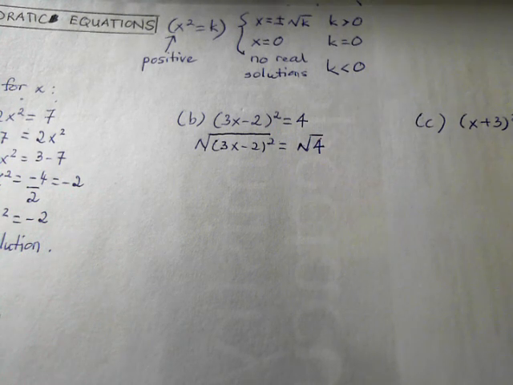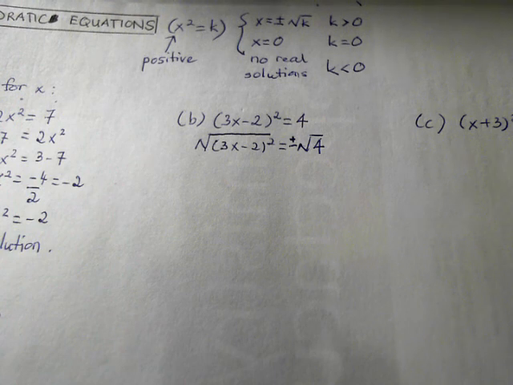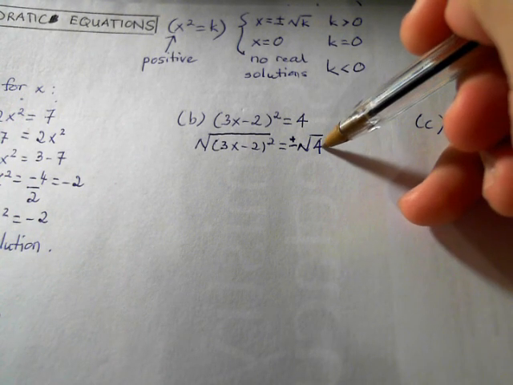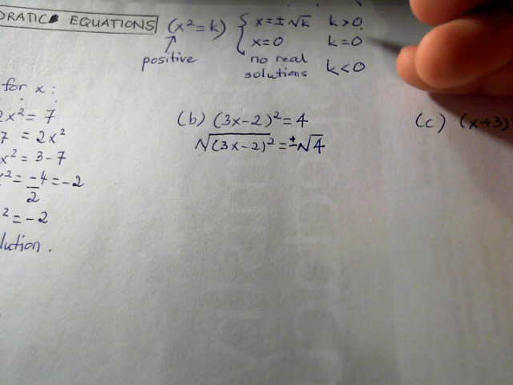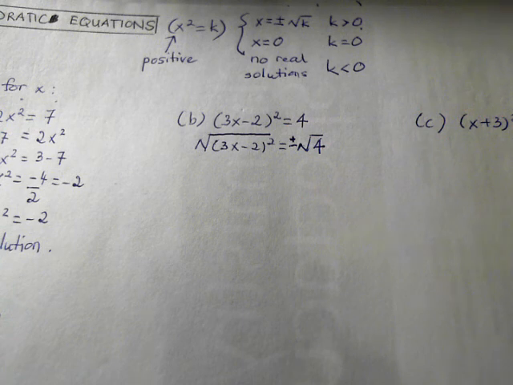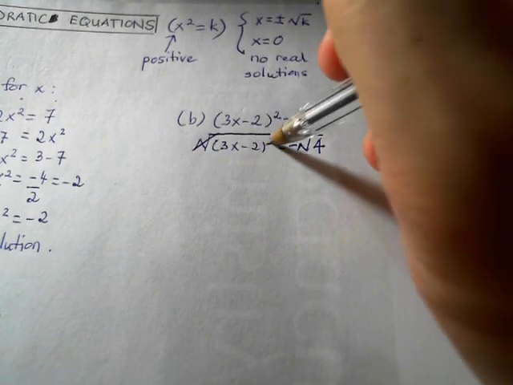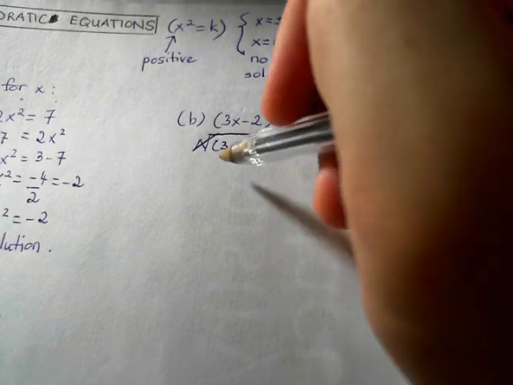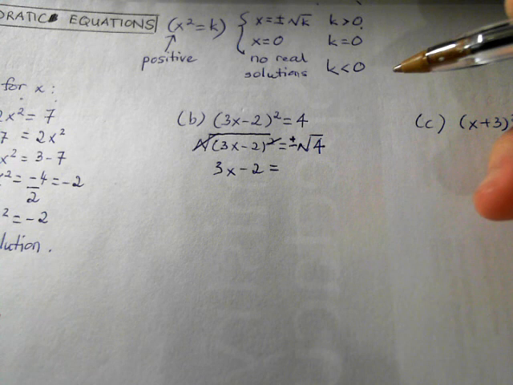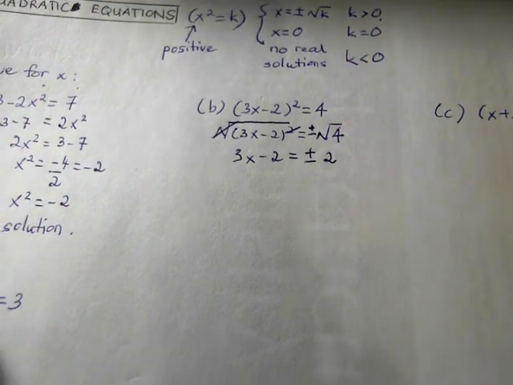We have to make sure that the square root of 4 on the right hand side would be plus and minus. If you are given a k value which is more than 0, you must always think of plus or minus the square root of that particular value. On the left hand side, the square root and the square will cancel and you're left with 3x minus 2. The square root of 4 will give you 2, and with the plus and the minus, you will have plus or minus 2.